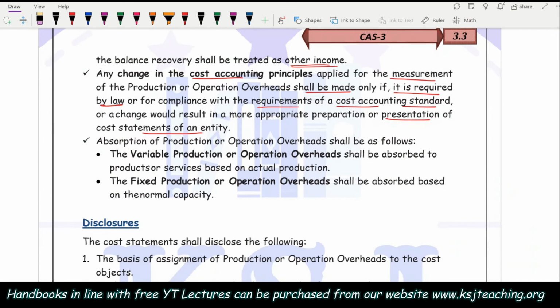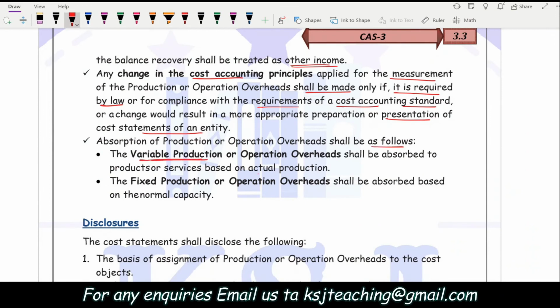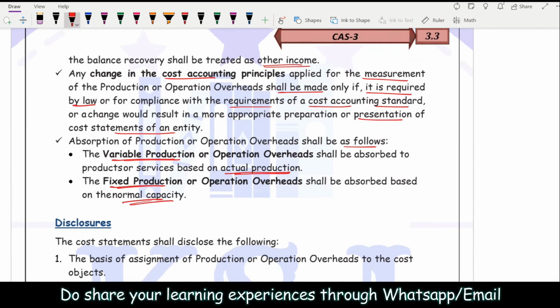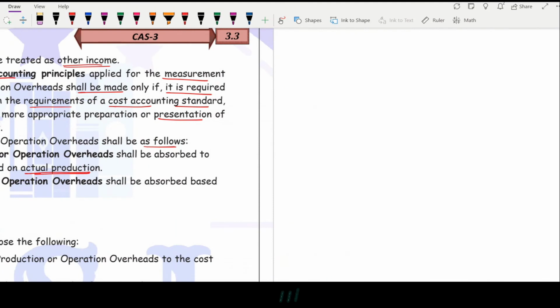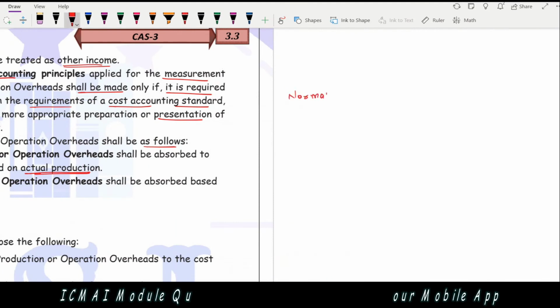So absorption shall be as follows. Variable production overhead should be absorbed on the basis of actual production and the fixed overheads on the normal capacity. What does it mean, sir? Sir, we have studied the cost accounting standard on capacity utilization.